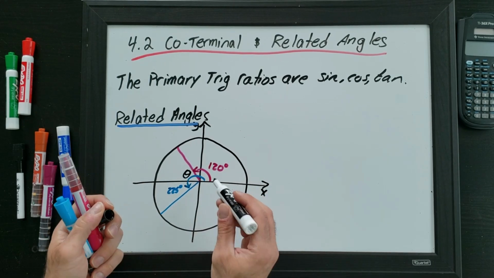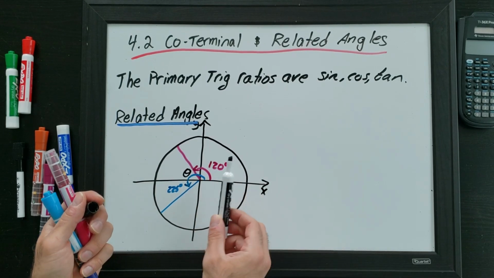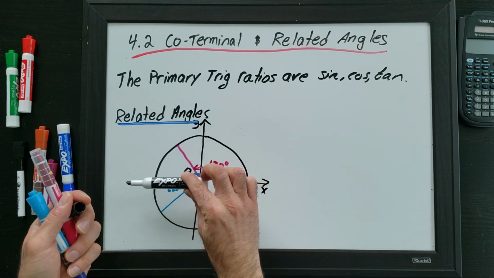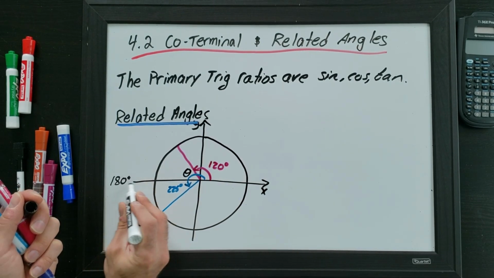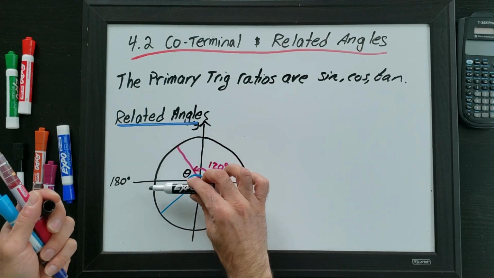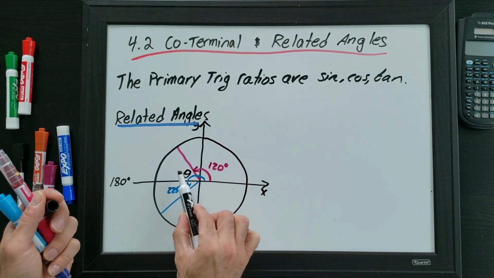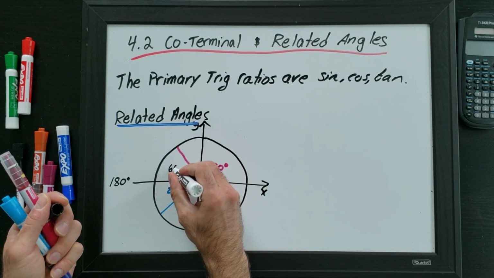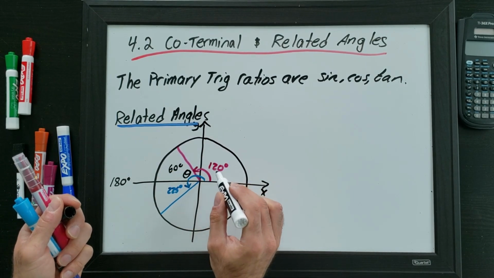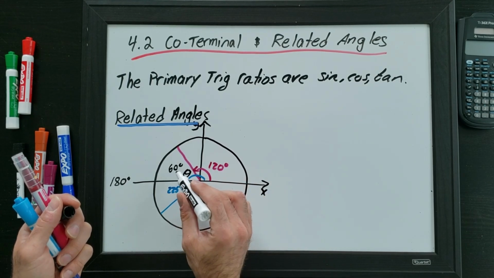So now, how do I figure out this angle? Really straightforward. If I know this is 120 and this is 180, this is 180 degrees, always, this line. This is the difference, 60. So theta in this case is 60 degrees. So the related angle to 120 is 60.